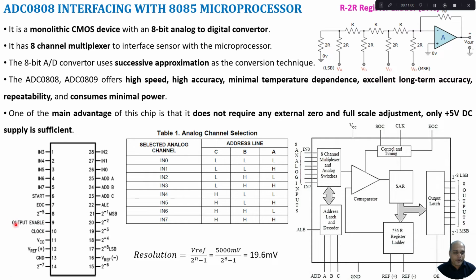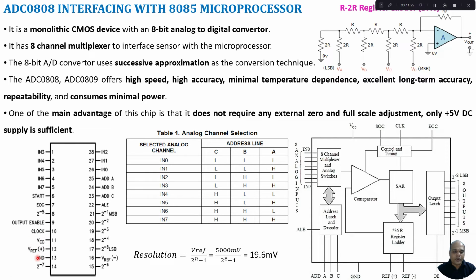Then there is an output enable pin to get the output from the output latch to the digital pins of the ADC converter. Output enable, again, will be provided by the CPU. For the clock signal, we can use a crystal or some oscillators to generate the clock frequency for this ADC. Then there is a power supply line.